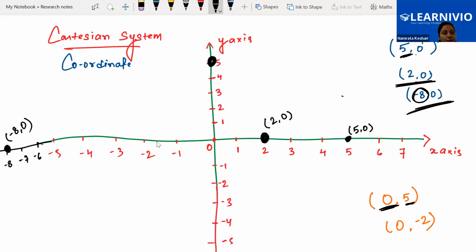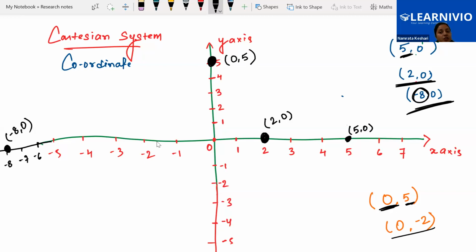Yes, everyone. This is the location where y is 5. The y coordinate is 5. One more name for the y coordinate is ordinate. The ordinate is 5, and the abscissa, the x coordinate, is 0. So from here, we don't have to go anywhere, towards the left or towards the right. This is the location of the point where x is 0 and y is 5.